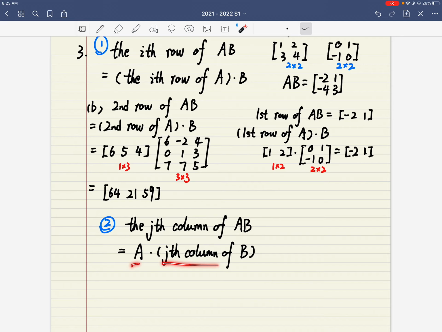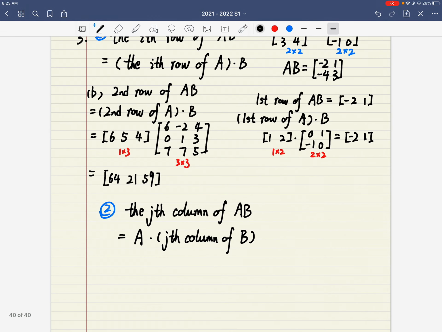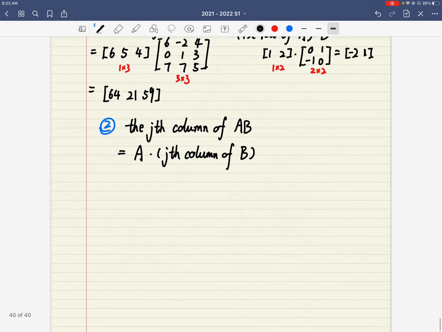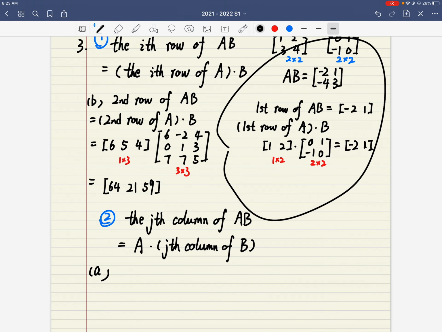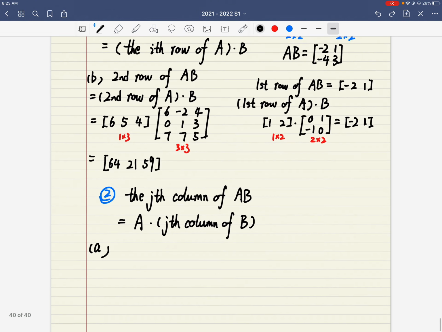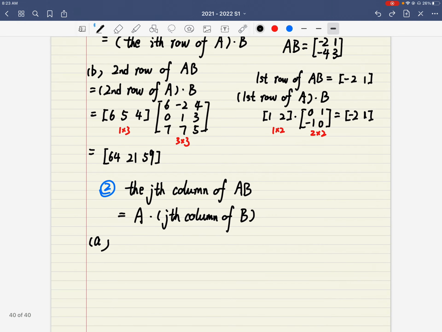That's the jth column of A times B. Okay, the proof is very similar to this part. I mean, it actually doesn't need a proof. It's by the operation we did, it's true. It's always true. Okay.